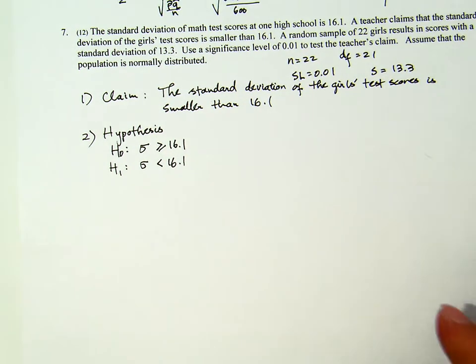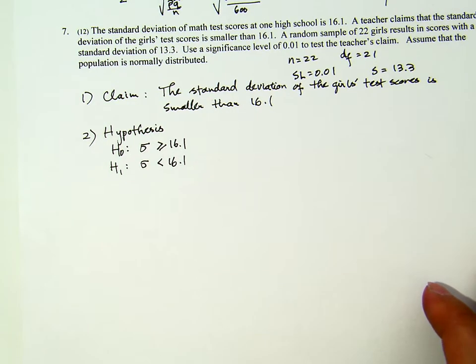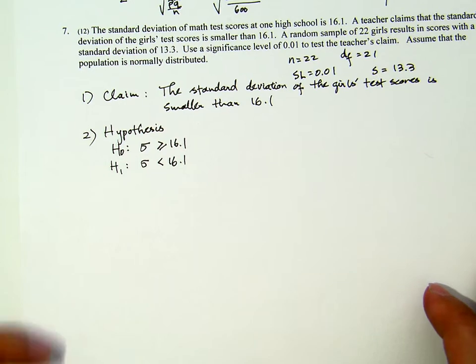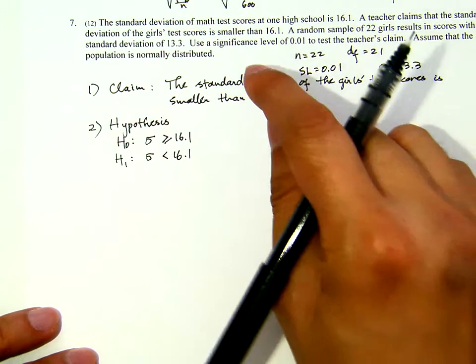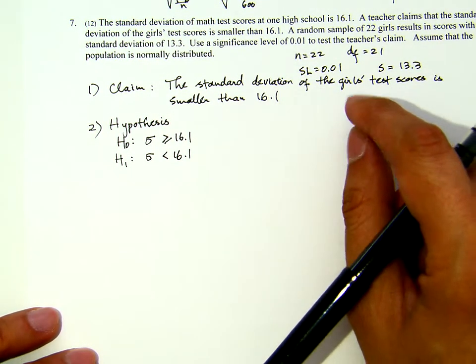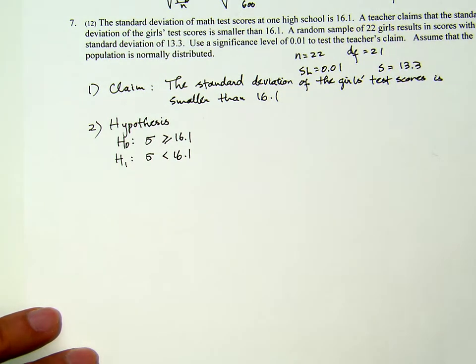Basically, if we have the sample standard deviation 13.3, is it enough to claim that the standard deviation of the girls' scores is actually less than 16.1? Is 13.3 significantly less than 16.1?